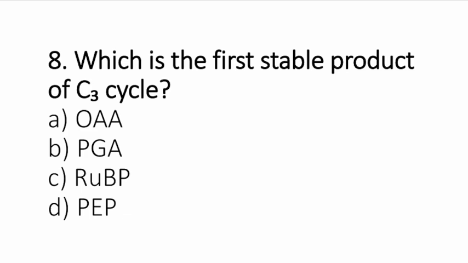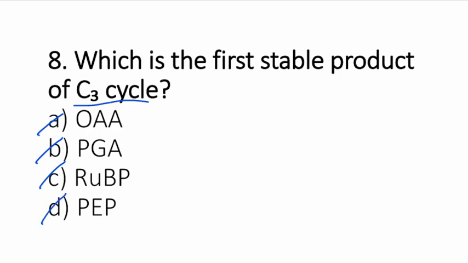Question 8 says which is the first stable product in C3 cycle? The options are oxaloacetic acid, phosphoglyceraldehyde, phosphoglyceric acid, RuBP and PEP.